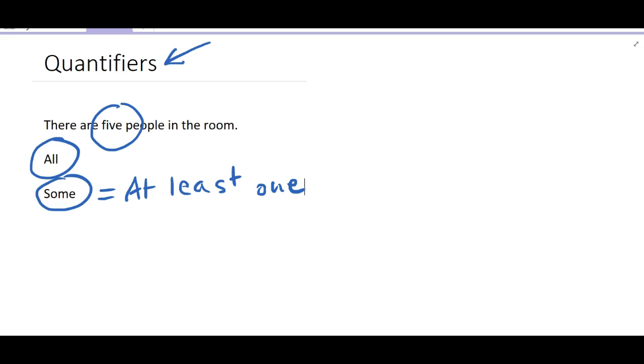There are specific symbols that are used for all and some, which are called the universal quantifier and the existential quantifier. And here they are. The symbol for all is an upside down A, and the symbol for some, or the existential quantifier, is a backwards E. Okay, so remember these symbols.